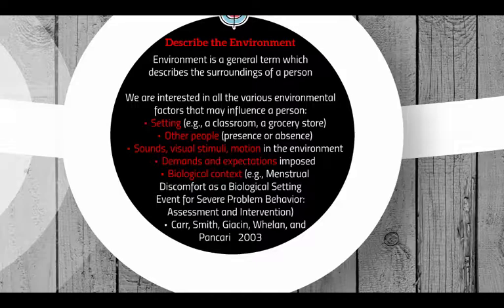What things outside? Well, the setting, people, sounds, visual stimuli, motion, demands, expectations. What kinds of things internally? It could be migraine. It could be a person with diabetes whose blood glucose level is dysregulated, and those are the kinds of things that can impact the behavior in a person significantly, as you know.